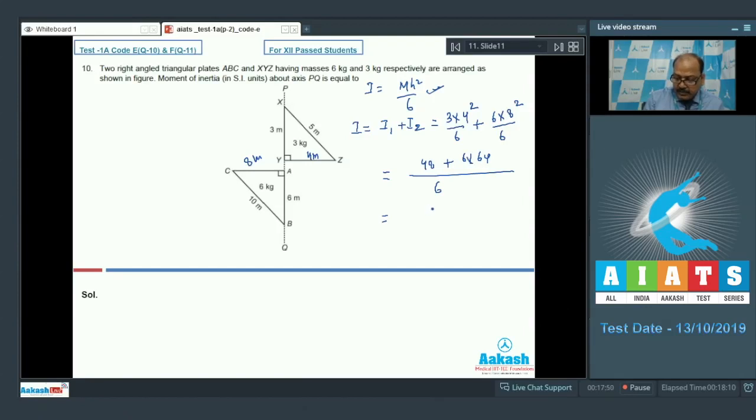Let's simplify it further. It's 48 plus 384 by 6. Simplifying this value comes out to 72 SI units. So our answer to question 10 is 72. Let's now go to the next question.